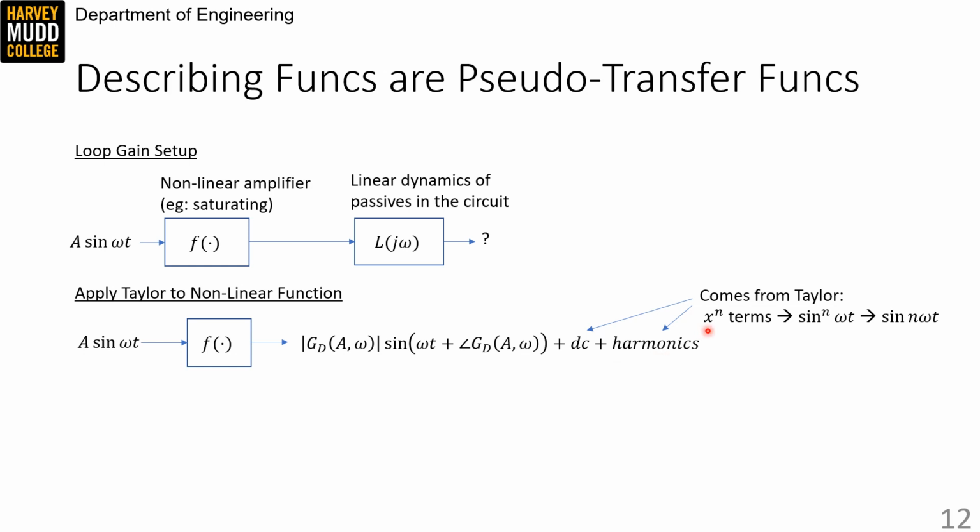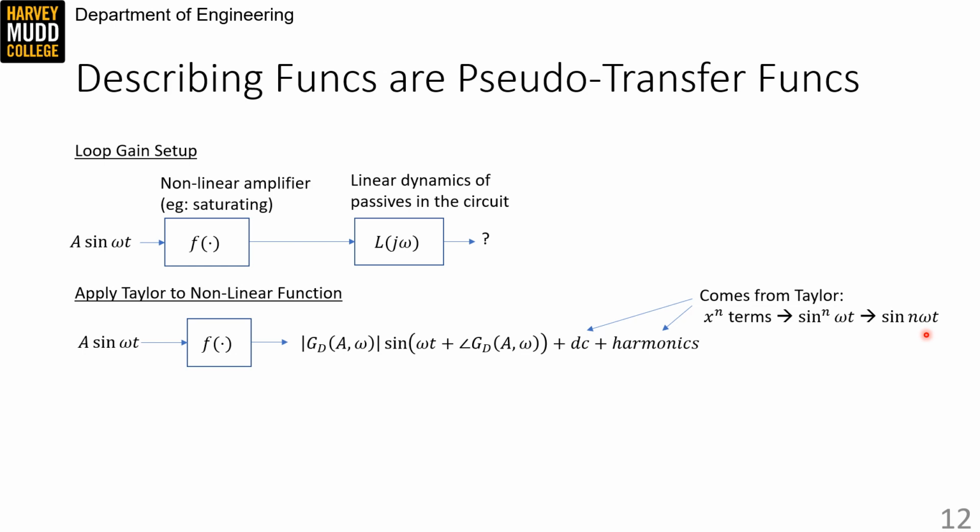If you have x raised to the n and you replace x with sine of omega t, you get sine to the n of omega t. As you evaluate sine to the n of omega t using trig identities or complex exponentials, you'll find that it creates a component at sine of n omega t, which is called a harmonic.